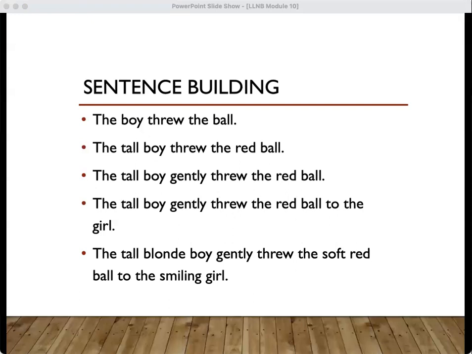Remember, there are now 3 nouns in the sentence, the 2 original nouns and the new noun in the prepositional phrase. That new sentence could look like the tall blonde boy gently threw the soft red ball to the smiling girl.